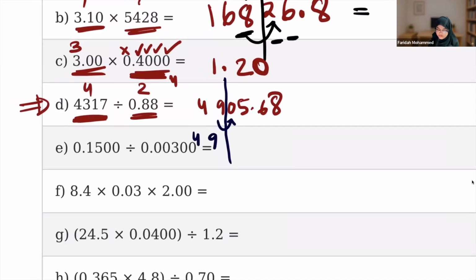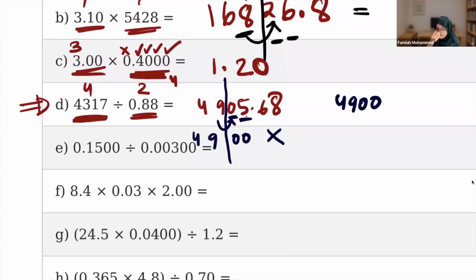What happens to the 0 and 5? Before the decimal, what did we say? It becomes 0. After the decimal, we ignore. So the answer is 4900.